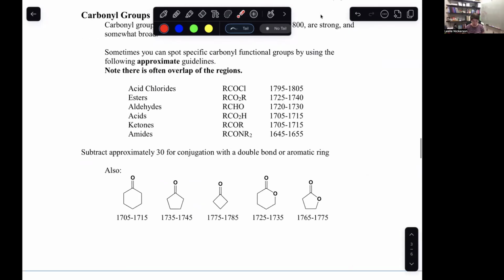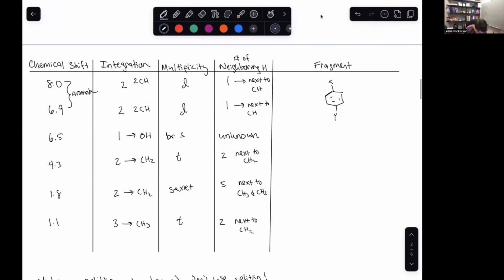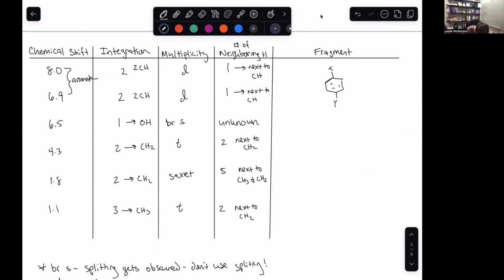If I've got one at 6.5, probably in that 4 to 7. So that tells us a lot here because we can think about just saying, okay, well, I probably have that alcohol as one of my groups, right? So I'm already starting to build onto this initial fragment with the next pieces, just based on my chemical shift, okay?